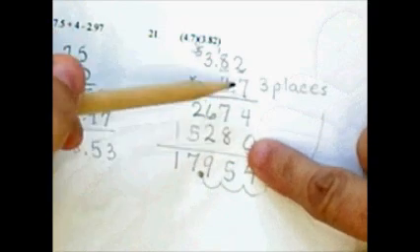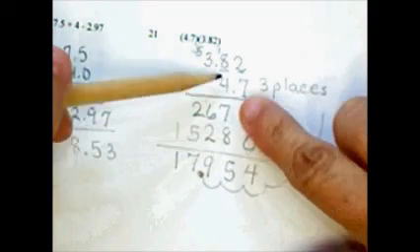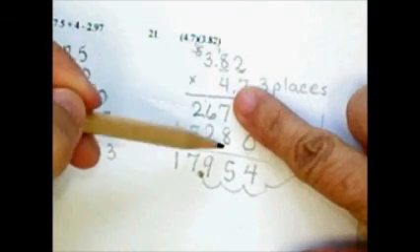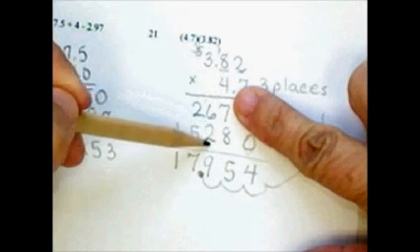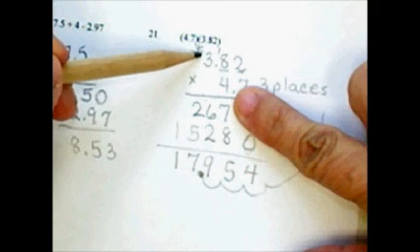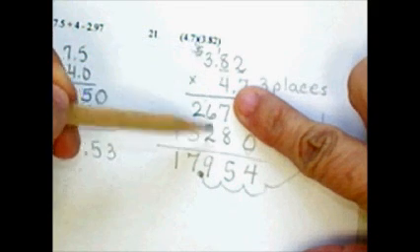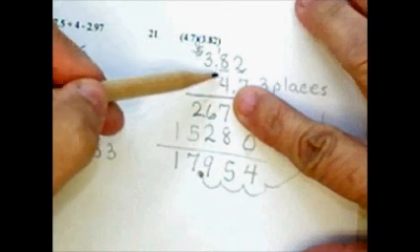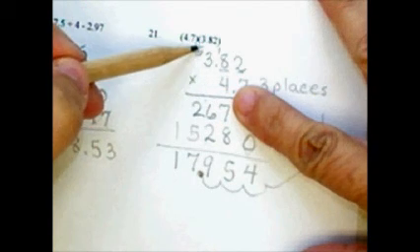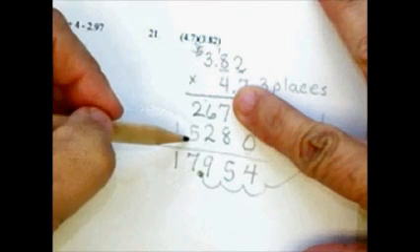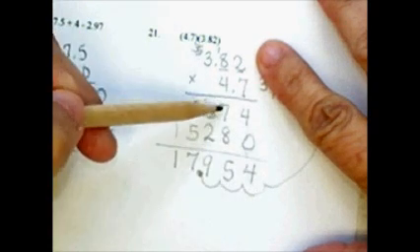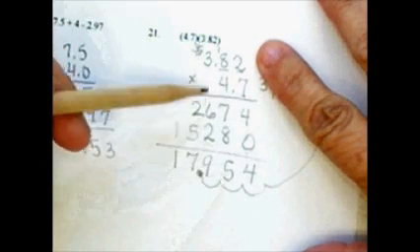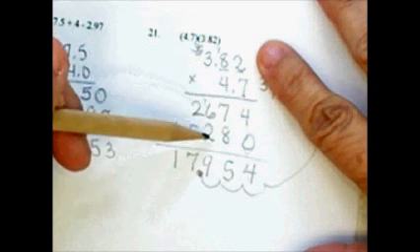So then 4 times 2 is 8. 4 times 8 is 32. Put down your 2, carry your 3. 4 times 3 is 12, plus 3 is 15. Now, I go ahead and add. 4 plus 0 is 4, 7 and 8 is 15, carry your 1, 6 and 1 is 7 and 2 is 9, 5 and 2 is 7, bring down your 1.